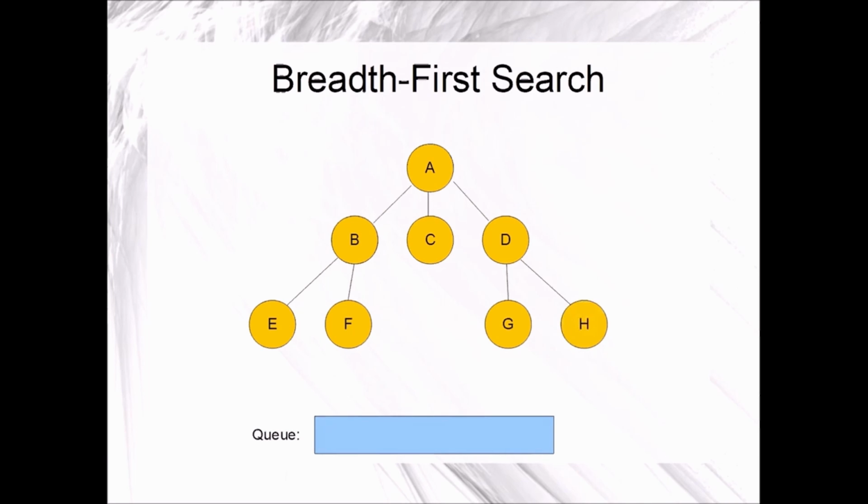Next, we will enqueue all adjacent unmarked vertices. There are none. Since the queue is empty, there will be no more repetitions of the while loop. The while loop terminates, and after the while loop terminates, so does the breadth first search algorithm. All of the nodes have been visited and marked.